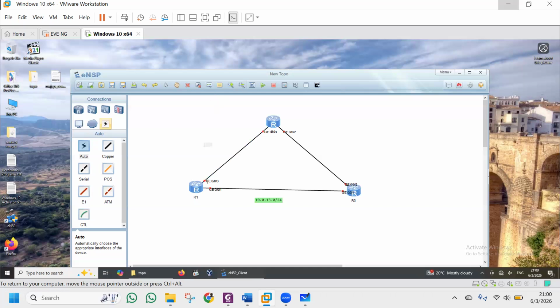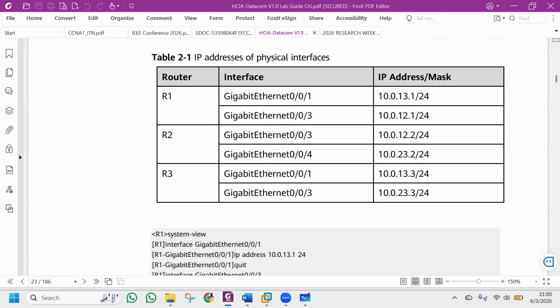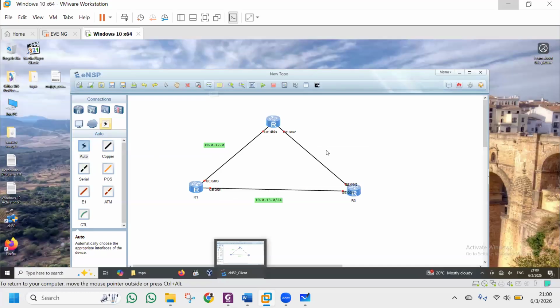So this network is 10.0.12.0. Then the last one, between R2 and R3, is 23: 10.0.23.0, slash 24. These are our networks.